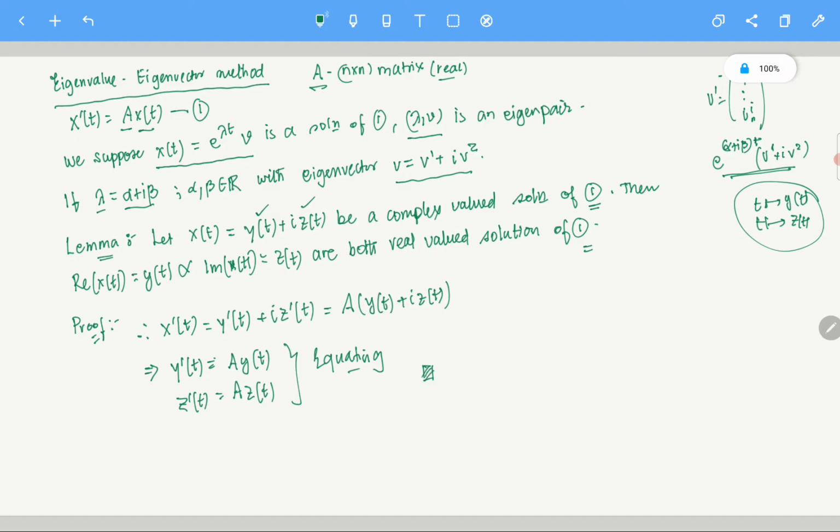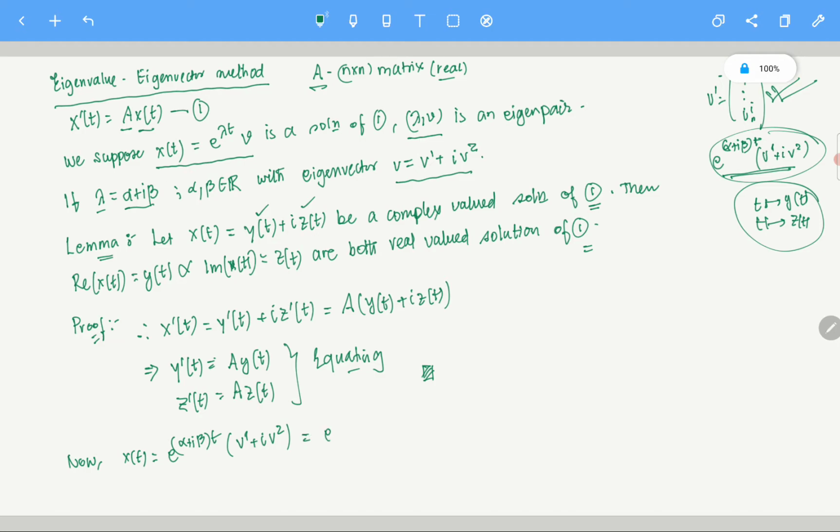Now x of t is given by e power alpha plus i beta times t. We did it here, because x of t is e power lambda t times v, and v is v1 plus i v2. Please remember v1 and v2 are column matrices which look like this. Now let's break it up and write it.